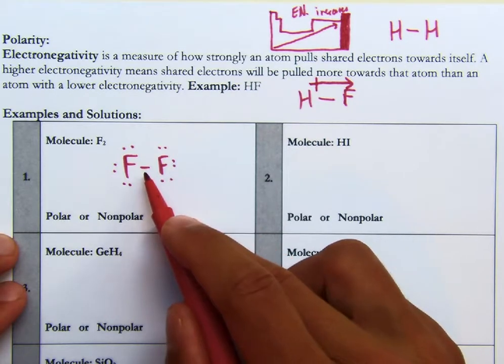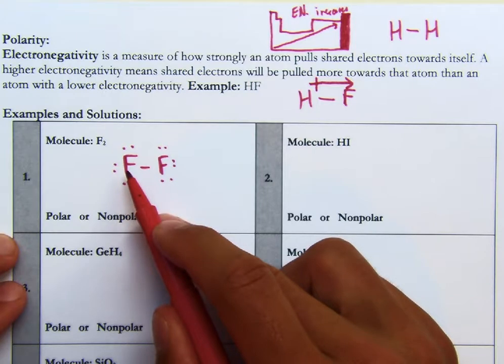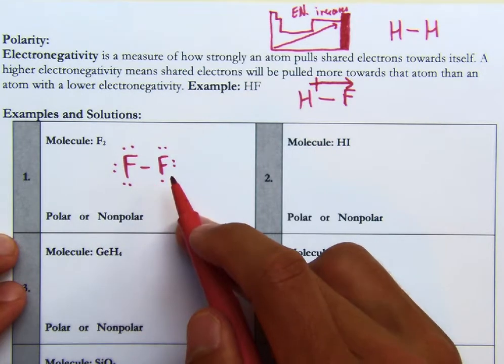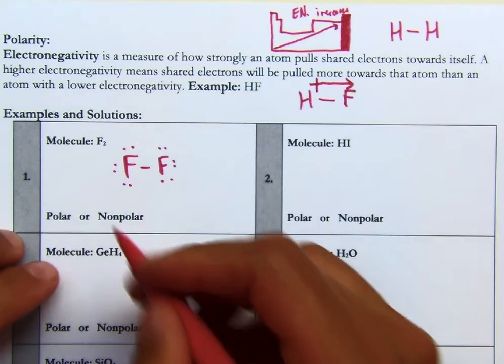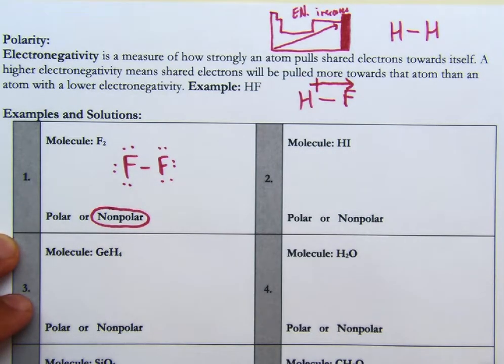They're not going to be pulled more to that side. They're going to be shared equally. So that means that this side of the molecule is the same as this side of the molecule. There's no difference, right? One region's not any more positive or negative than the other region. So that means it is non-polar, right? There's no difference in electronegativity, so the electrons are not pulled more to one side than the other.